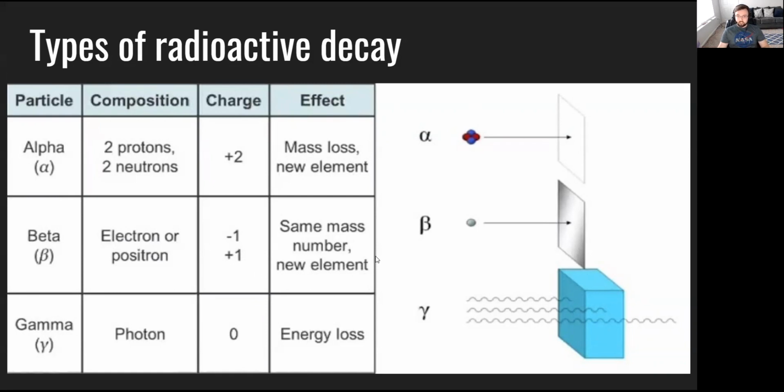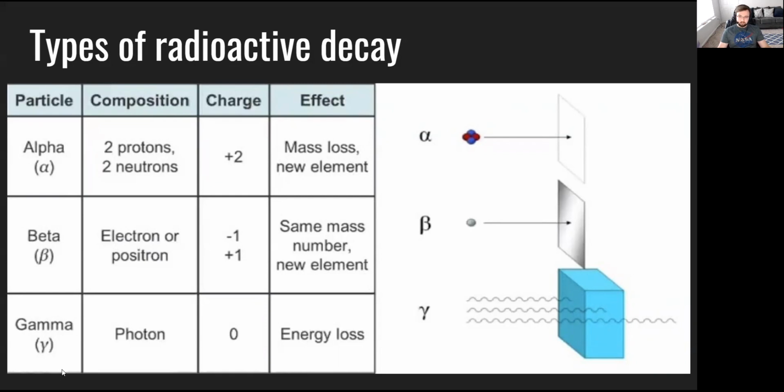Once again, it's going to change the element, but now the mass of the thing isn't changing. Electrons are going to have a little bit more energy to them, so you're going to require something like metal foil or plastic to block it, not just paper. So beta, still dangerous, but still relatively easy to protect yourself from.